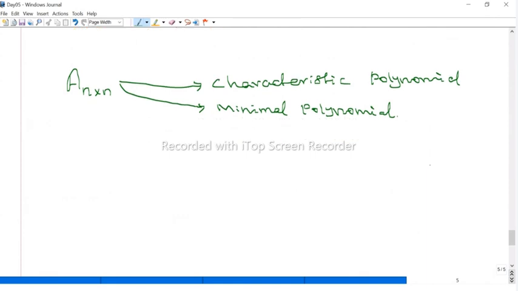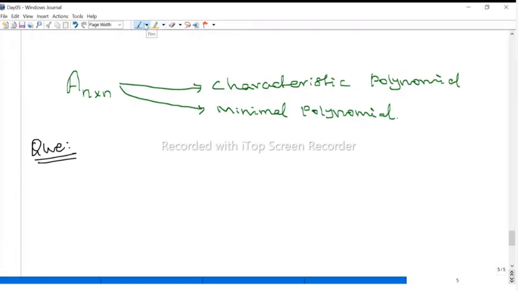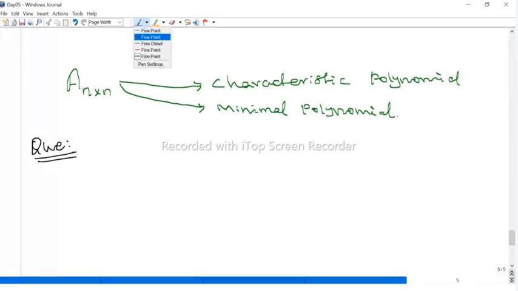Now I am asking the converse. Suppose I give one polynomial of degree n. What's the question? Suppose p of x is an nth degree polynomial, or even if you take a monic polynomial also.